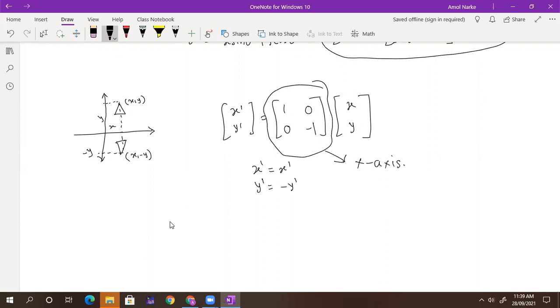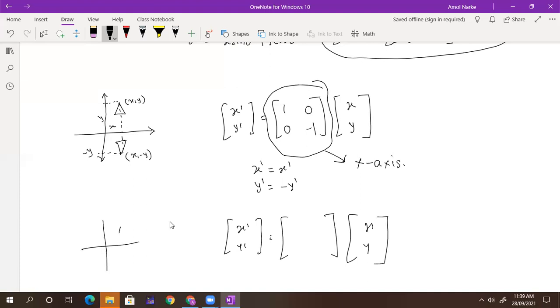What happens with the y-axis? If I want to do it with the y-axis, what will be the matrix? Suppose you have a triangle here and you want to reflect that triangle. Here we have x, and y remains as it is.